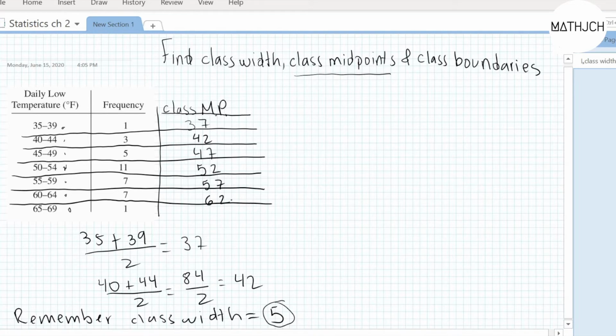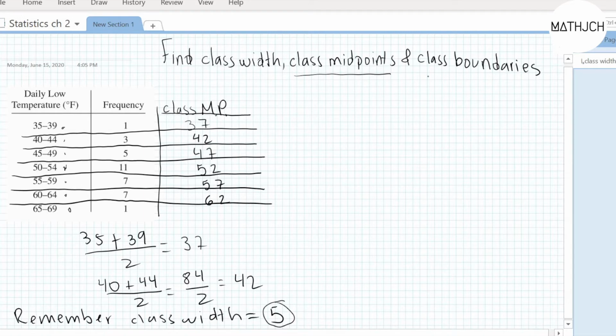Let's make sure we got it correctly: 37 plus 5, 42, plus 5, 47, plus 5, 52, plus 5, 57, and then 62. That seems correct. So that's how we find the class midpoints.